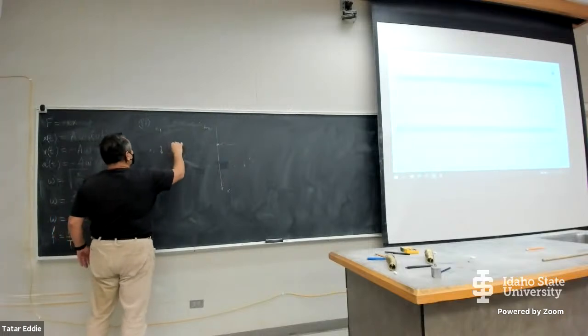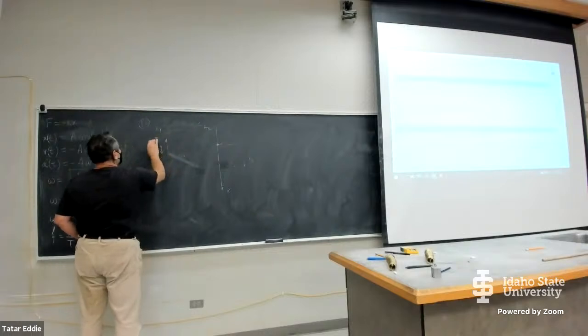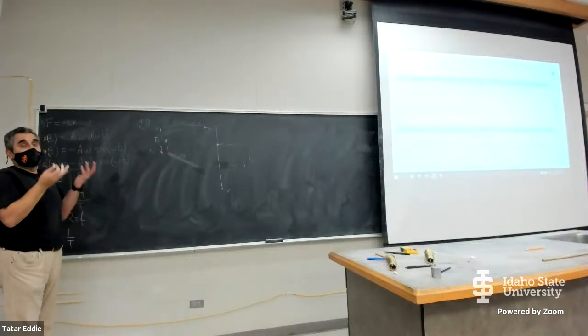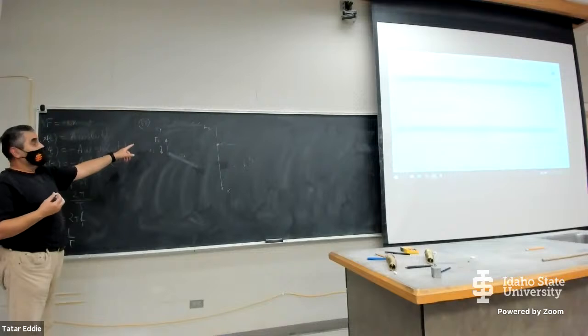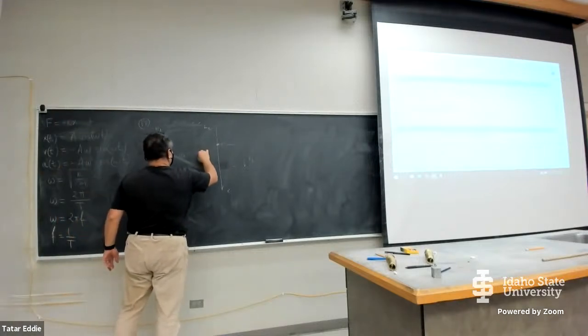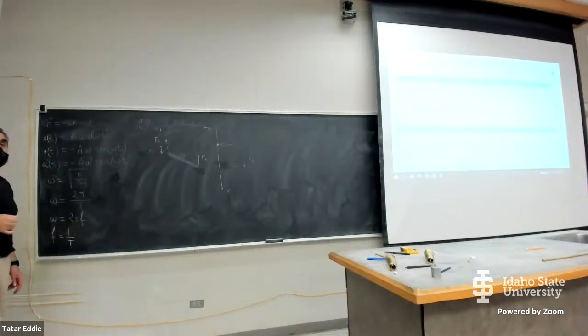The first spring applies a force F1 to the rod. That spring force obeys Hooke's law. And the second spring is going to apply a force at this end, a force F2. Again, another Hooke's law force.